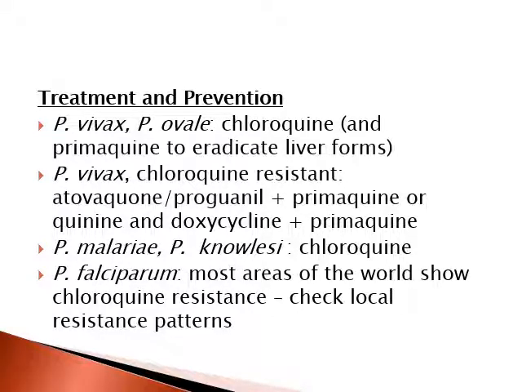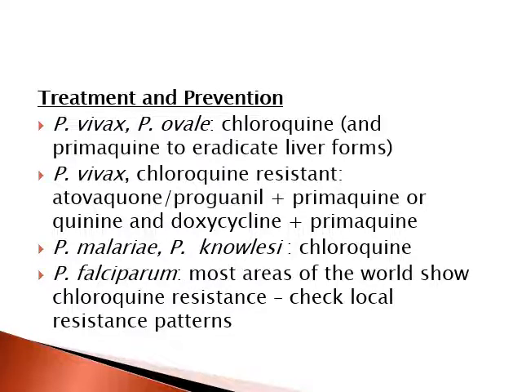In case of Plasmodium vivax, chloroquine-resistant cases can have atovaquone, proguanil, and primaquine, or quinine and doxycycline and primaquine. In case of Plasmodium malariae, chloroquine is sufficient for treatment, and this is a rare infection for humans.